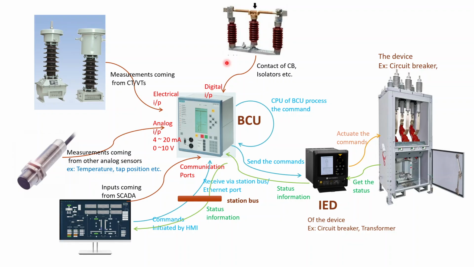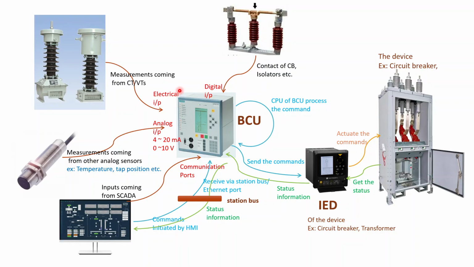So it basically has electrical inputs, which are taking the measurements coming from the CTs and VTs, the current transformers and the voltage transformers. So these come directly as electrical signals, right? So they are taken through the electrical inputs, right?